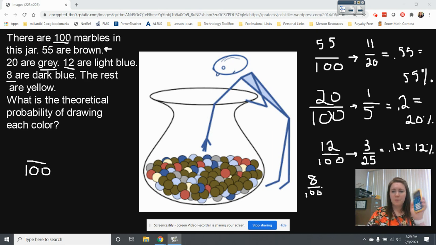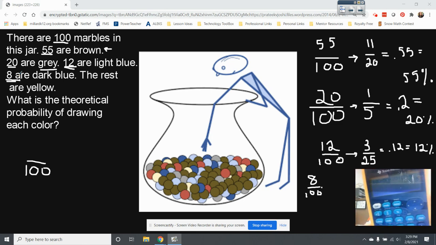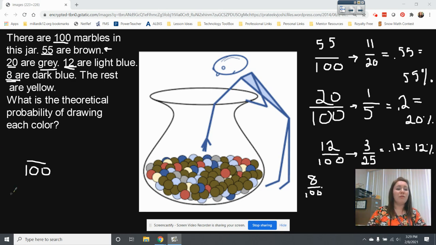So I do 100 minus 55, minus 20, minus 12, and minus 8. I didn't click enter until the very end, and it ends up with 5. There are 5 left that haven't been accounted for, which means 5 of them are yellow.